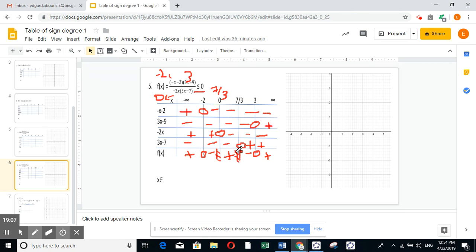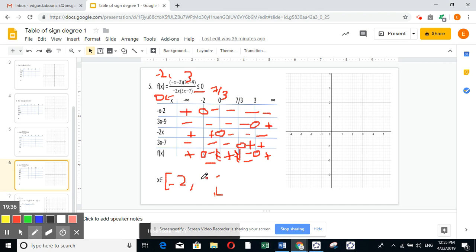Okay. What I want is less than or equal to 0 here and here. So I say x belongs, it can be closed at minus 2. Sorry, it's from minus 2 till 0.